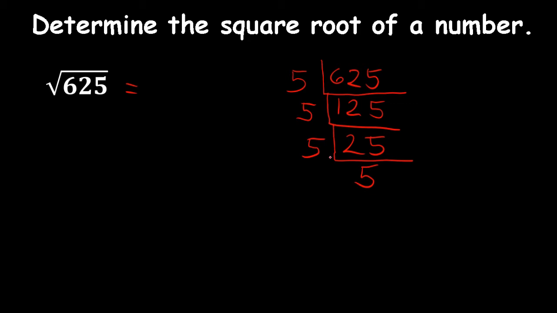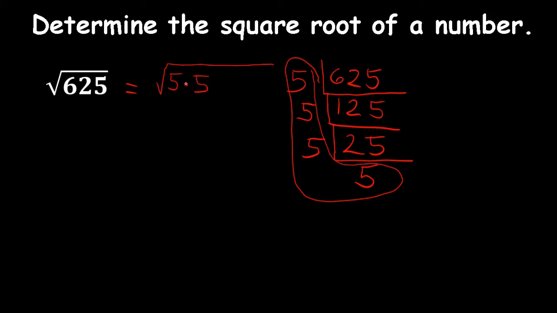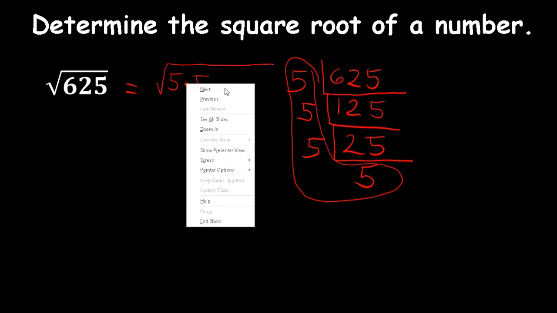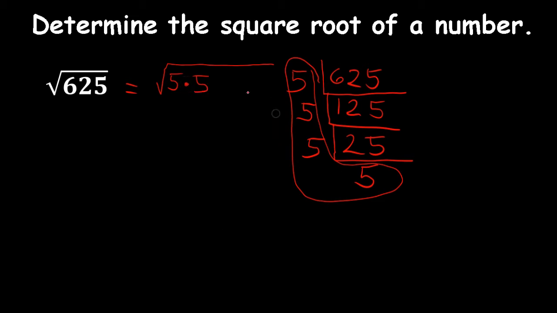Now let us take these prime numbers into their house. So let's say that this is their house. 5 times 5, so this indicates multiplication, times 5 times 5.